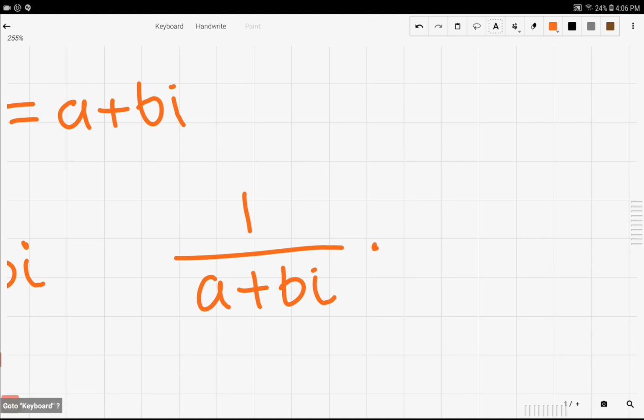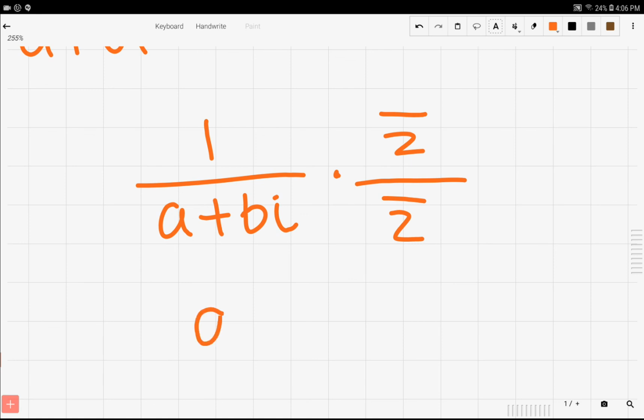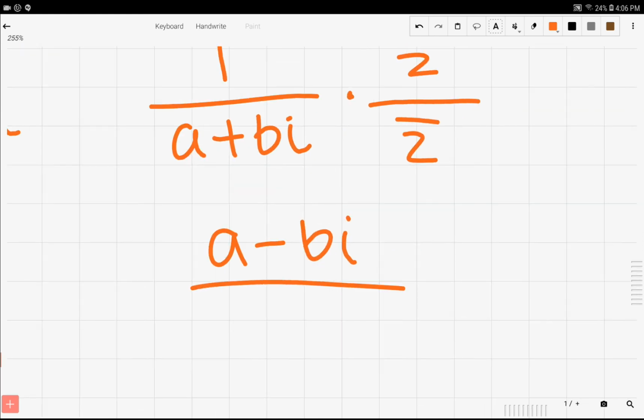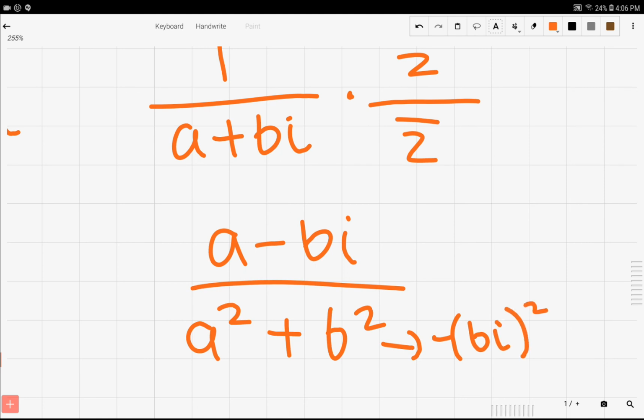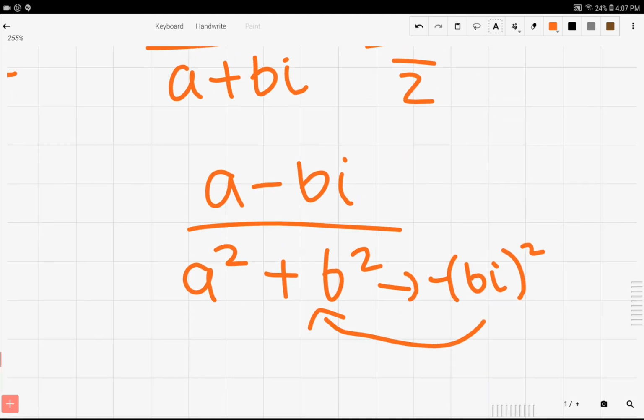You multiply it by the conjugate of that number, which in this case is z bar. So by multiplying by the conjugate, you'll get something like a squared minus, and since this is a difference of squares, we have a squared plus b squared in this case, because we have technically negative bi squared, and that simplifies to plus b squared.